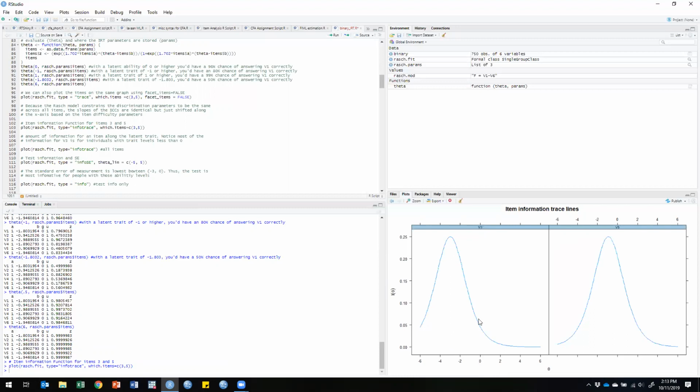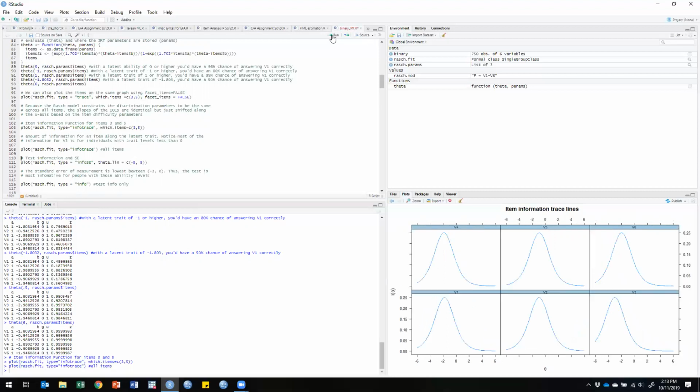Really any individual with latent trait less than 0 has most of the information for variable 3. Variable 5 here, most of the information is probably between a theta of 2 and -4, somewhere around there. Here's the information curves for all the items.